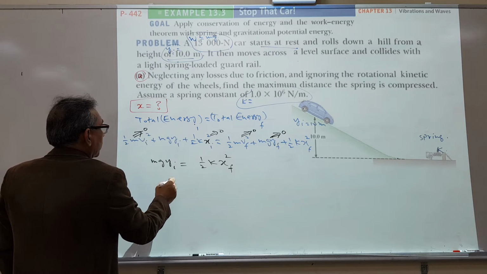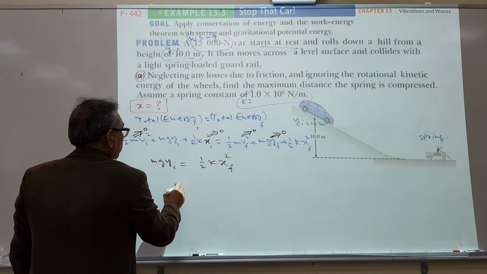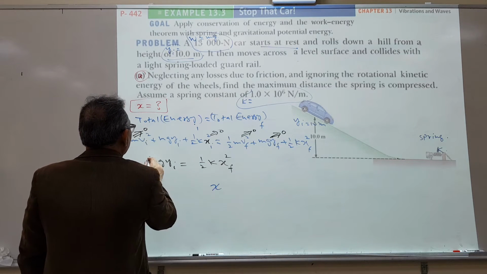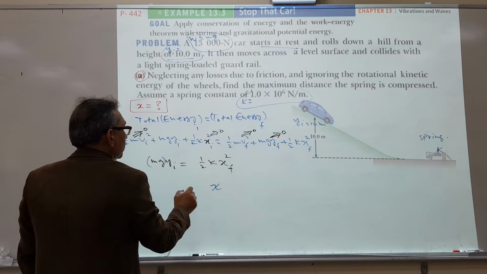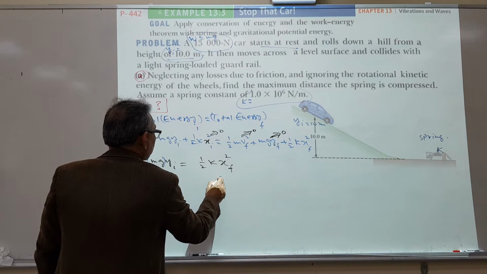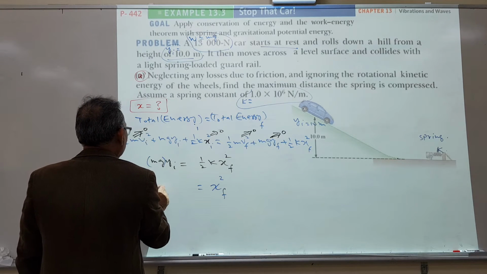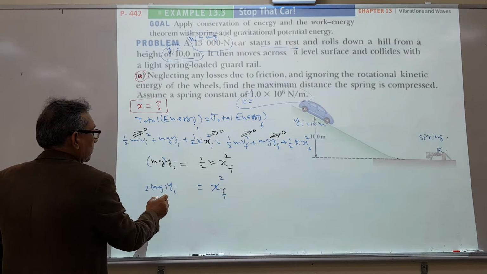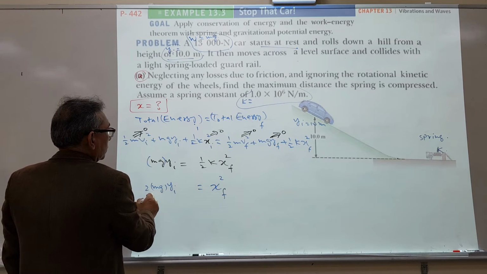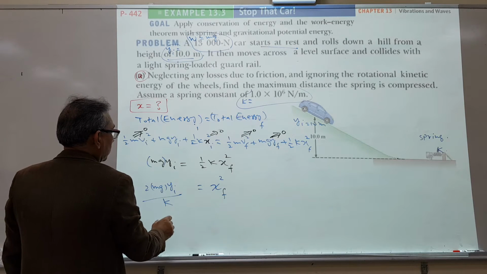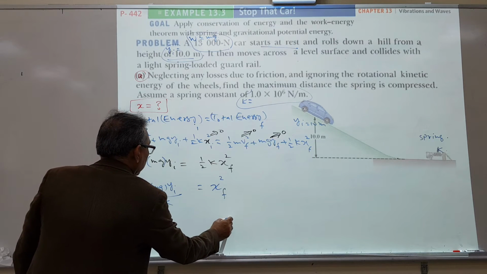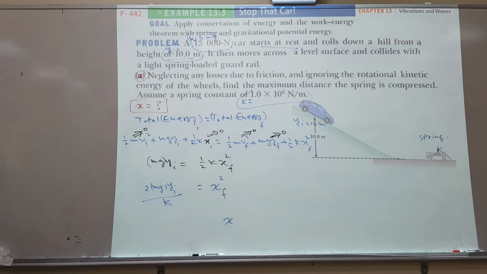So I can simplify it now. This is mg. So x squared is equal to 2 mg yi divided by k, and then I can take the square root.